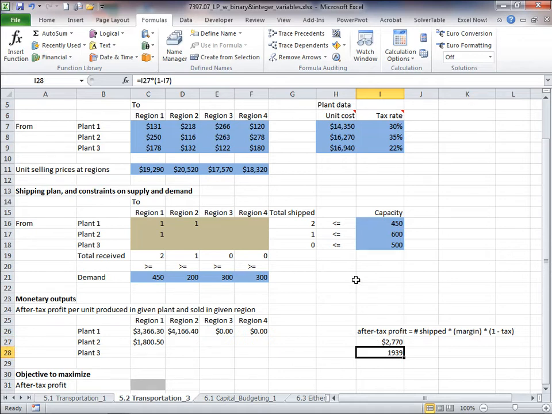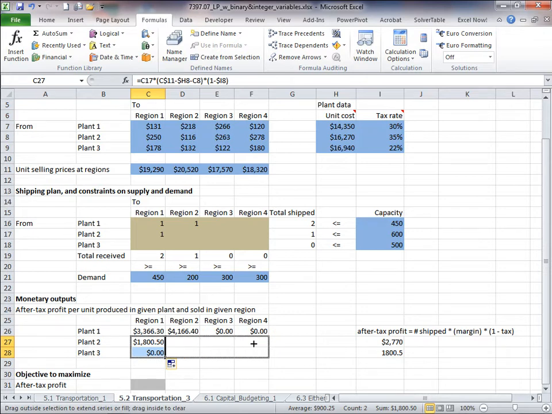And then this is going to be not I-7, it's going to be I-8. 1,850. So again, copying down, I get the answer that I expected to get. So with that, I'm just going to fill out the table.